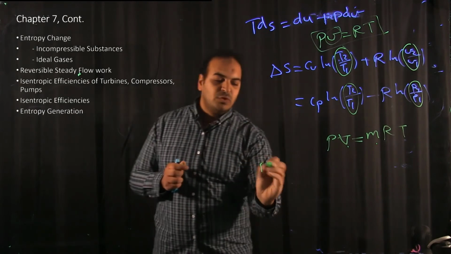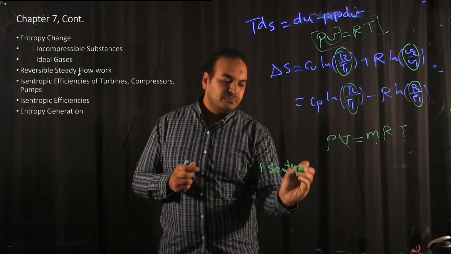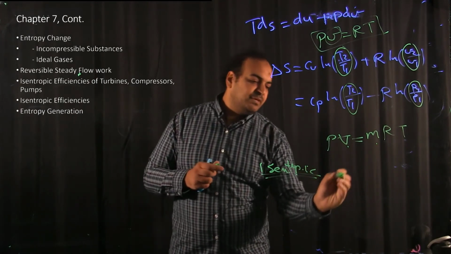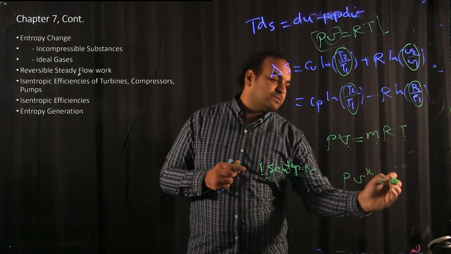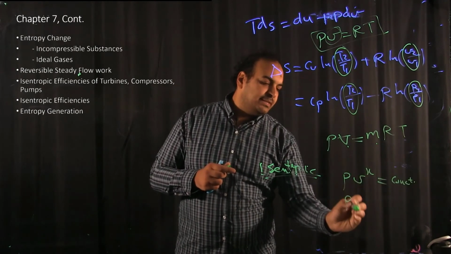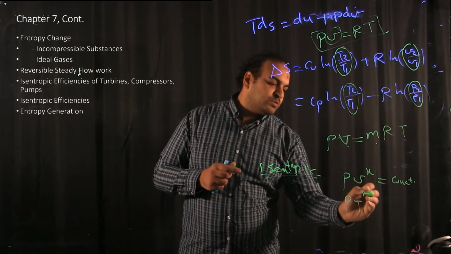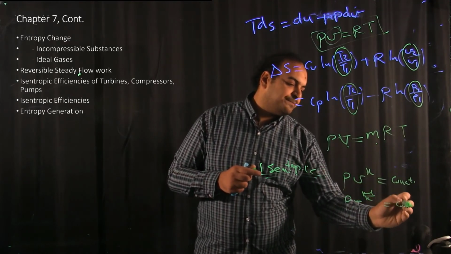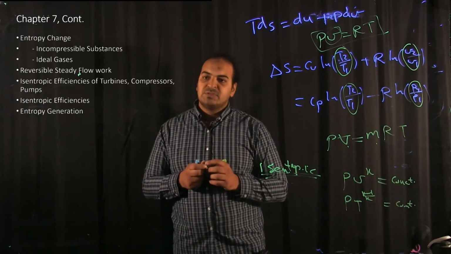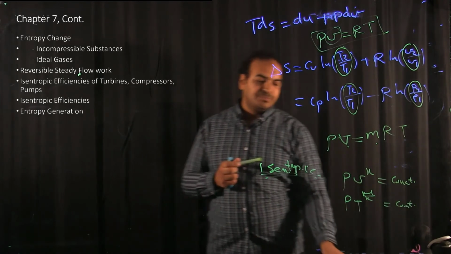But if it's isentropic and also an ideal gas, PV to the k equals constant, or PT to the (k minus 1) over k equals constant. It's called the isentropic relationship.